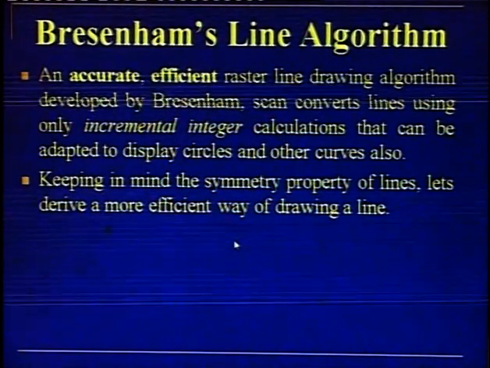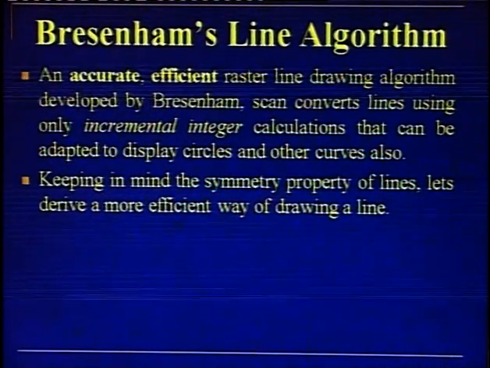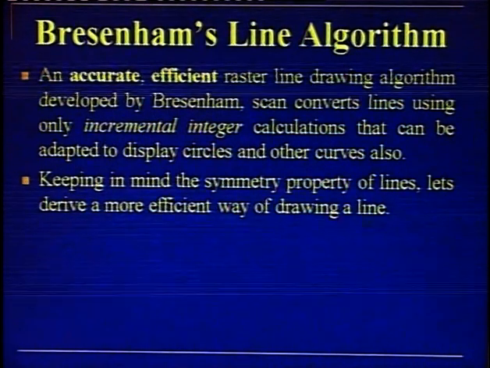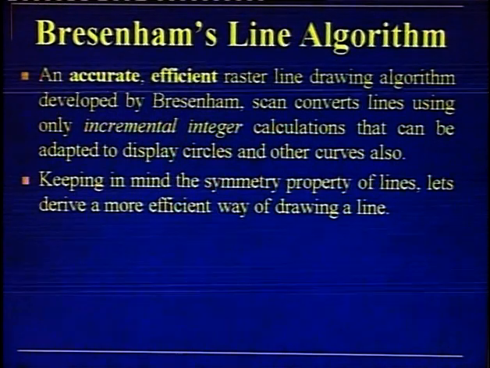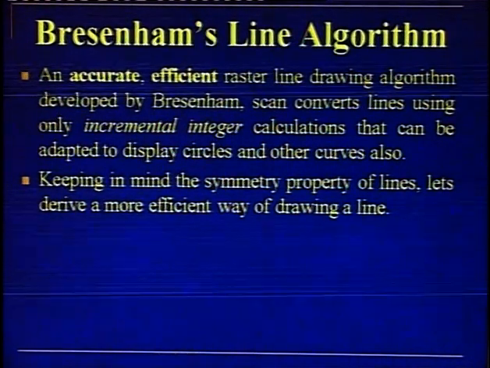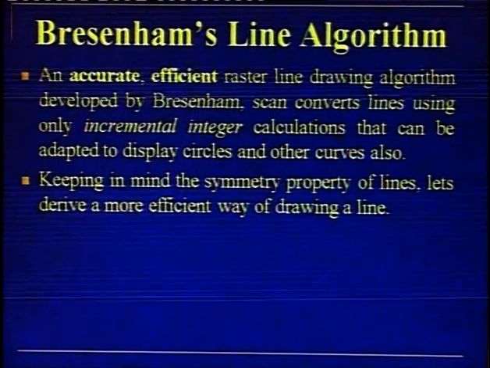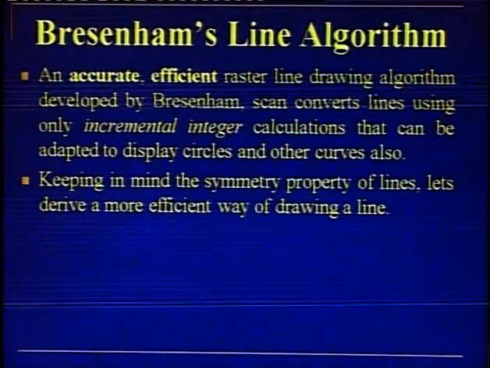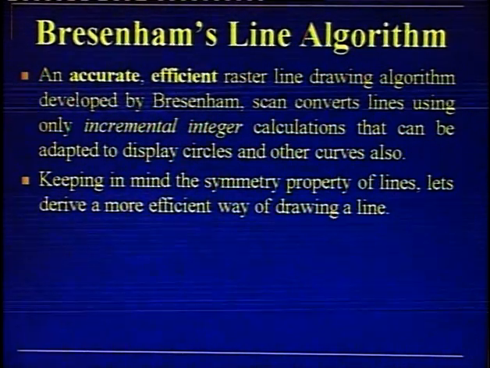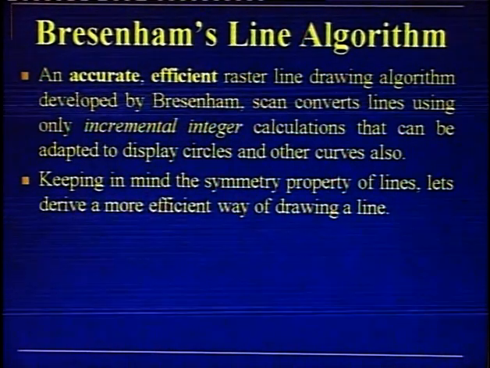So the next approach that can be used is Bresenham's line algorithm. This is an accurate, efficient raster line drawing algorithm developed by Bresenham. It scans converts lines using only incremental integer calculations, with no floating point calculations, and it may be adapted to drawing circles and other curves also.